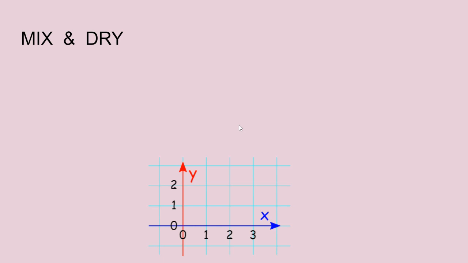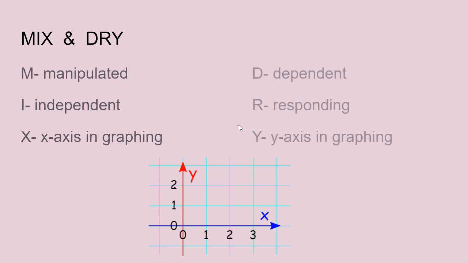MIX and DRY are two expressions that can help you understand which variables are on which axis when you're graphing information, when you're reporting your results of your lab. MIX is referring to the x-axis. That's the manipulated or independent variable, and it's on the x-axis.